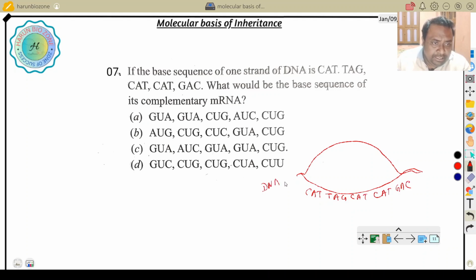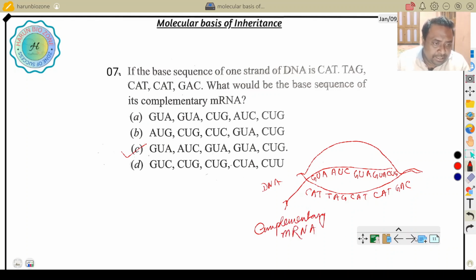If the mRNA is produced, then it produces G, U, A, U, C, G, U, A, G, U, A and C, U, G. Okay, G, U, A, U, C, G, U, A, G, U, C, U, G is the right option. This is the complementary mRNA.